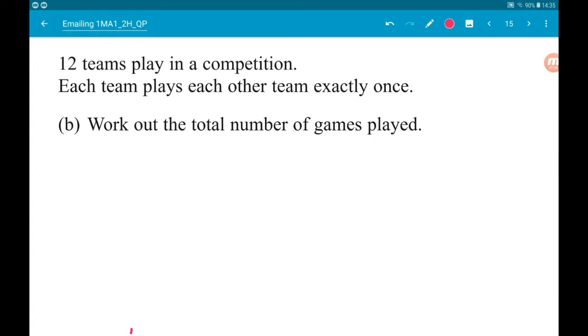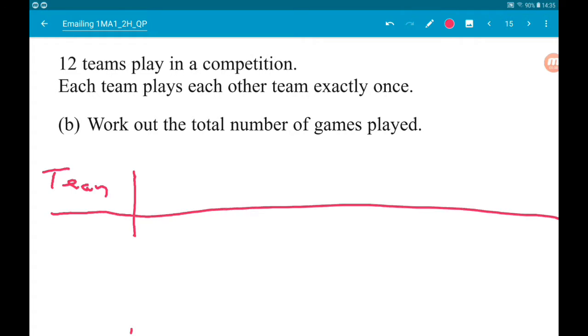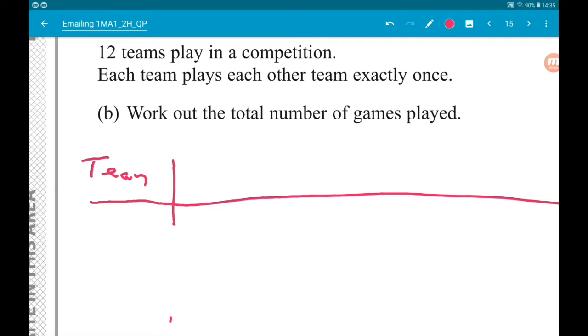So we're going to go team, and we're going to also put the number of games that they need to play along the bottom. So we're going to want 1, 2, 3.